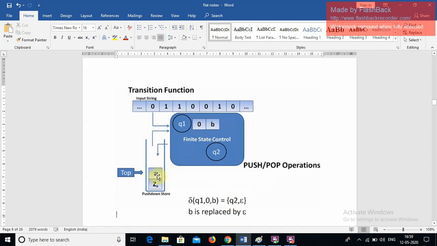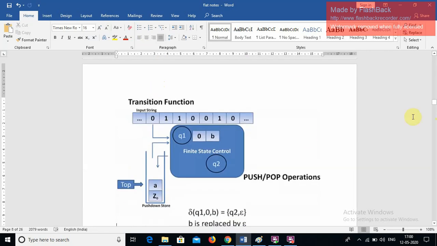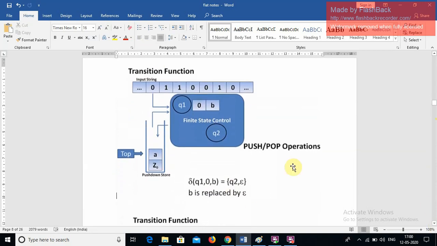In the previous slide the top was at b, we popped it, and obviously the top is now indicating a. So here b is replaced by epsilon. If you want, you can place epsilon here. Placing or not placing epsilon, there is no issue. So that's why the top is pointing directly to a here.